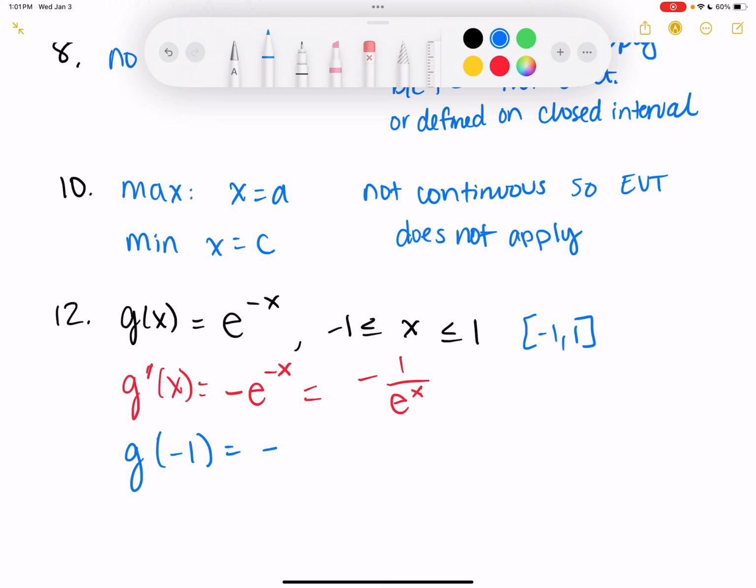So I have e to the 1, which is just e. Then I'm going to check the other endpoint. So g of 1, which is going to be e to the -1, which is negative 1 over e.